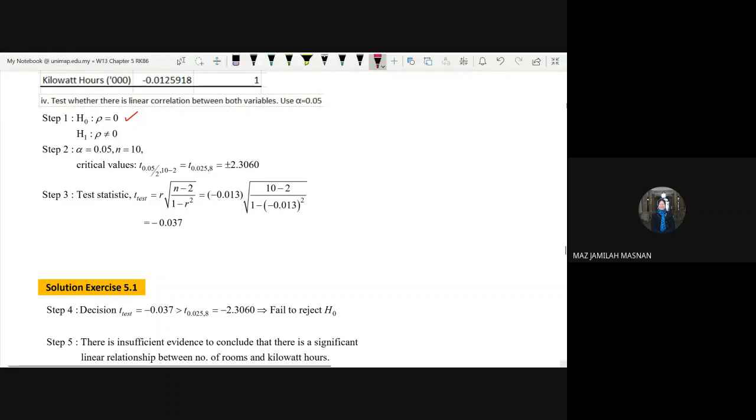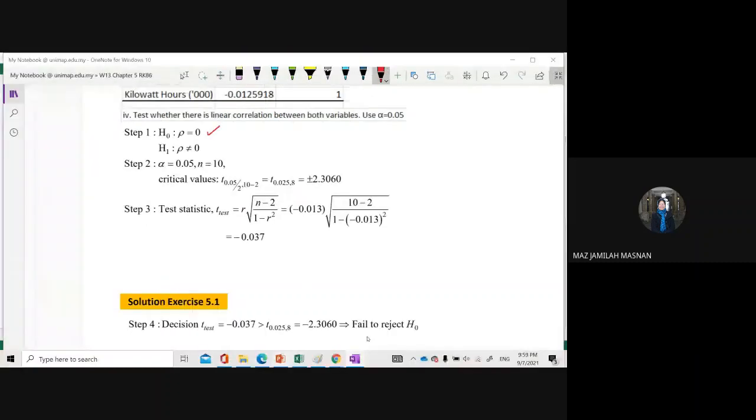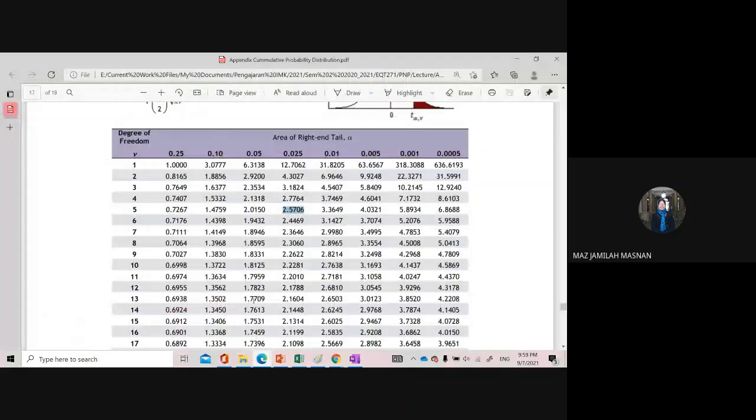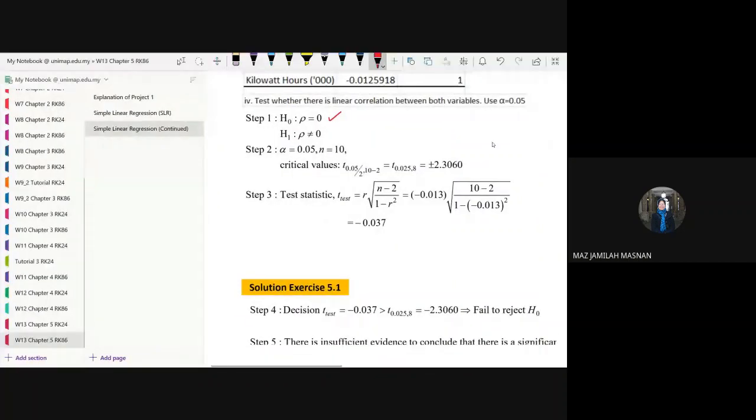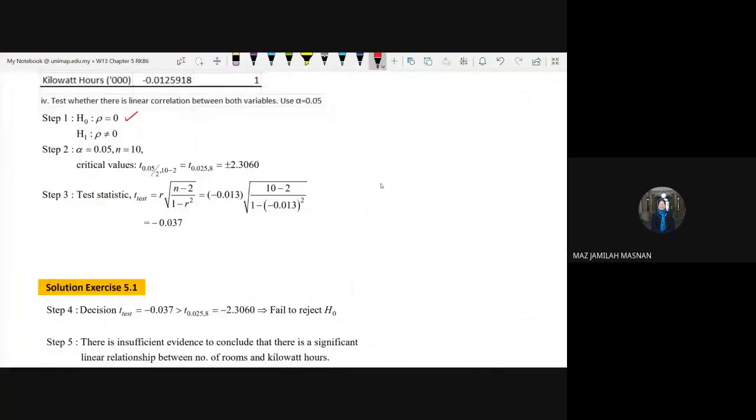Let us look at the t distribution. With 8 degrees of freedom and 0.025, you will get 2.3060. Since we are dealing with a two-tail test, it is plus minus 2.3060. Step 3, calculate your test statistic using our given formula.